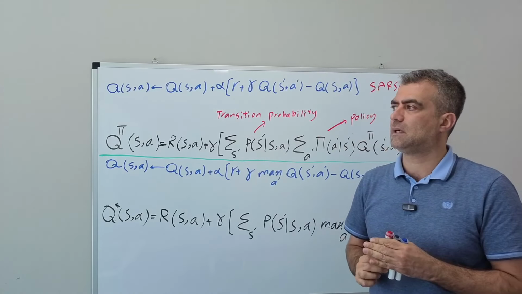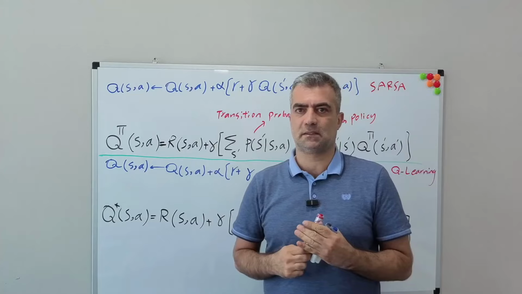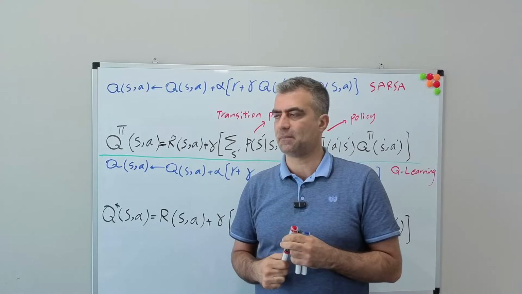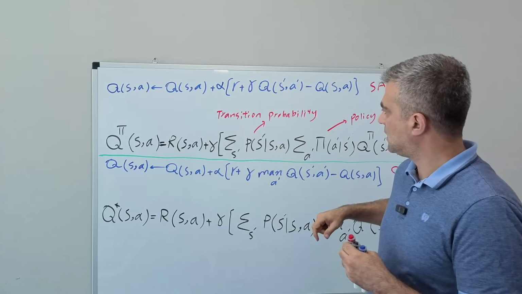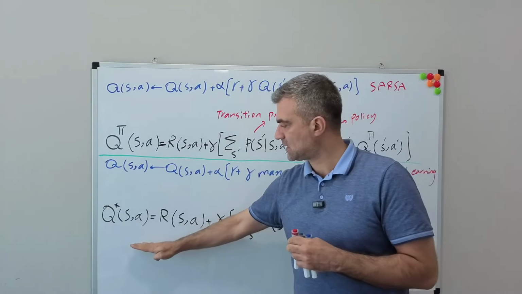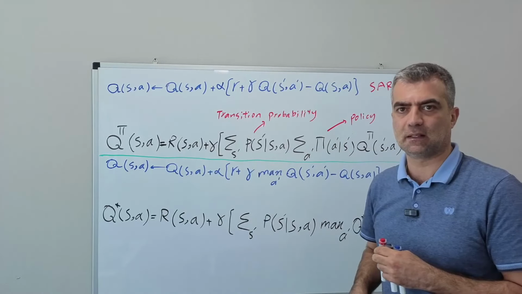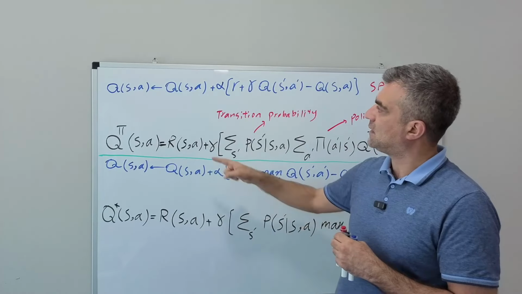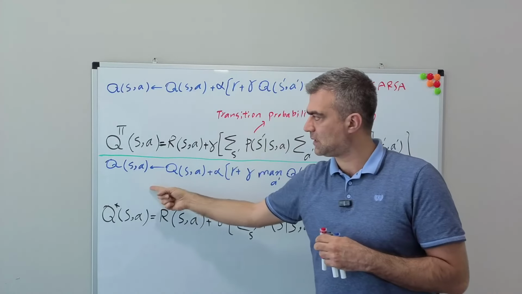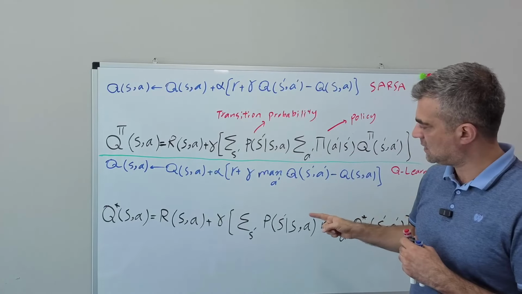Let's go one step back to the history and see from where Q learning and Sarsa have come. You see two formula here, two equations here, one here, and I have written them under Sarsa and under Q learning. You see that there are similarities.